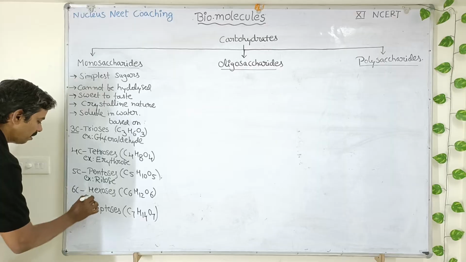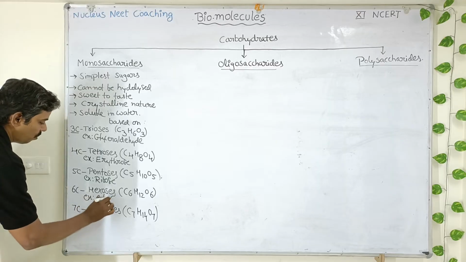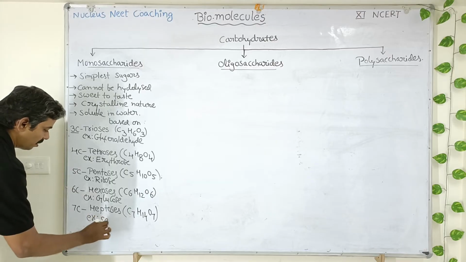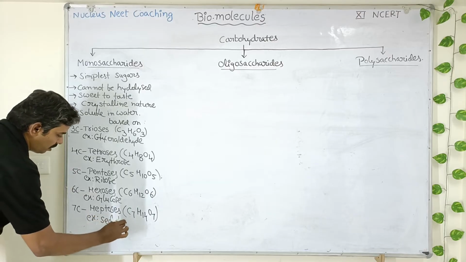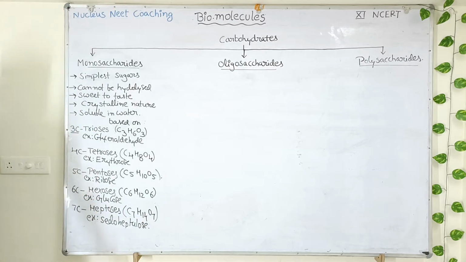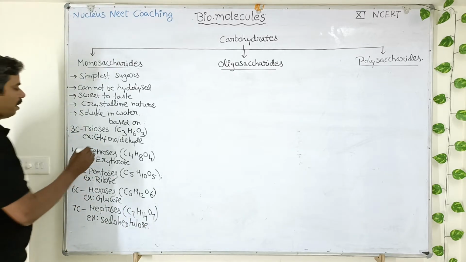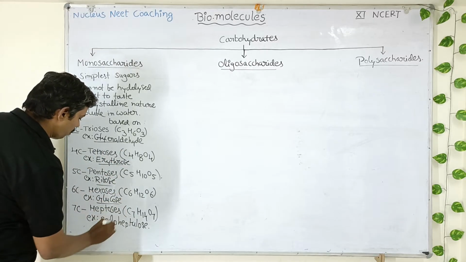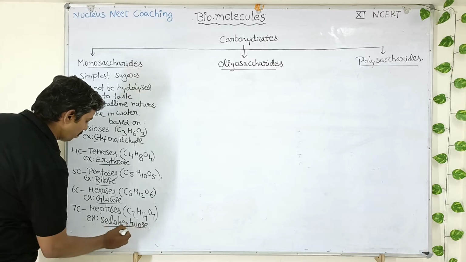The most familiar hexose example is glucose. An example of a heptose is pseudoheptulose. So these are examples of different sugars: glyceraldehyde, erythrose, ribose, glucose, and pseudoheptulose.